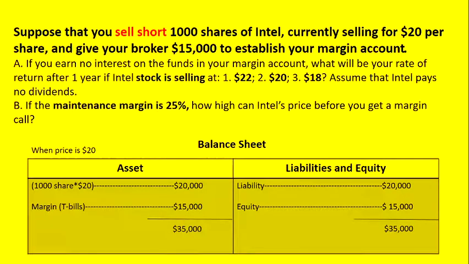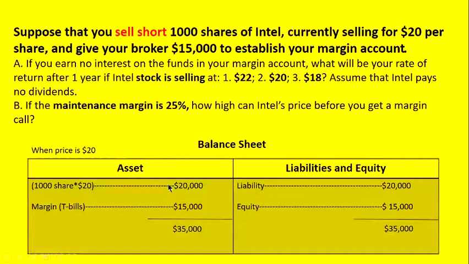Okay, so let's start. To make this calculation, you have to make a balance sheet. It will make it easy to find your profit or loss amount. When the share price is $20, on the asset side you have to write 1000 shares, and the per share price is $20, so you write $20,000.